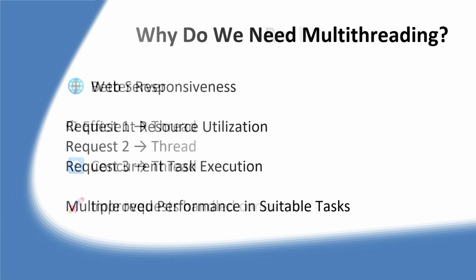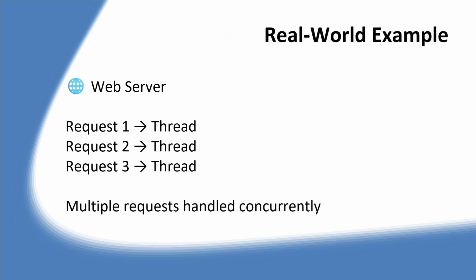So let's see some real world examples. Consider a web server, and it is receiving multiple requests from many users. Imagine if the server could process only one request at a time. Every other user would have to wait until the previous request was completely processed.